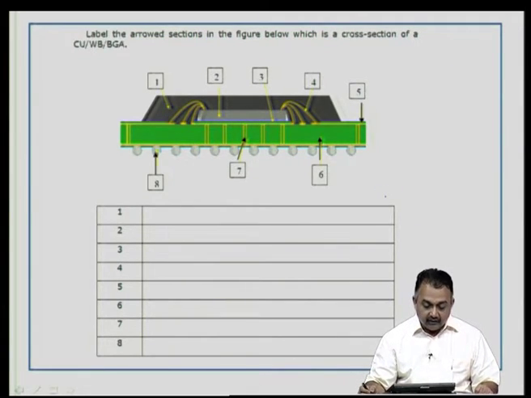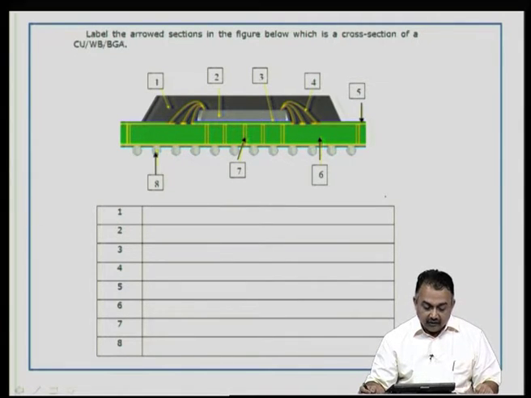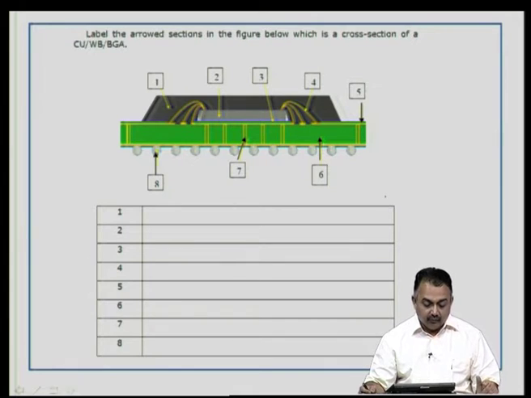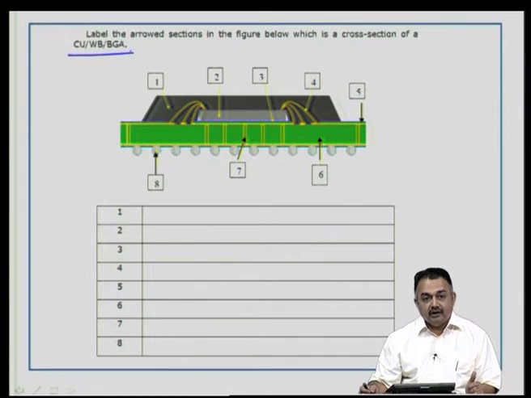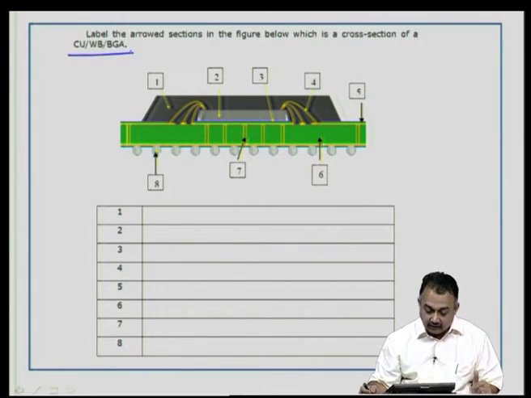Now, we look at another cross section of a cavity up wire bonded ball grid array. So, the package name is given, it is a cavity up wire bonded ball grid array. So, all you have to do is name these components in this package.